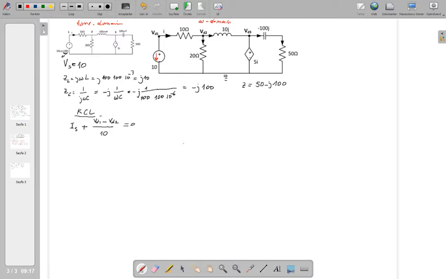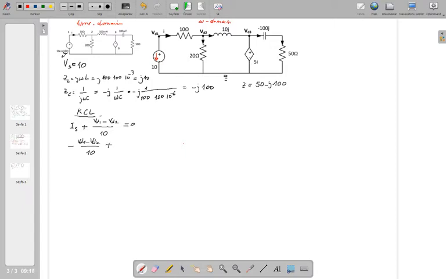So the second node Kirchhoff current law equation has this current. I'm going to repeat it here, but the sign is going to be negative because for this node this current is coming towards the node. So minus (VD1 minus VD2) over 10 is the current of this element, and the current of this element, since this is ground, is VD2 over 20. Sign is positive because it is coming out of the node.